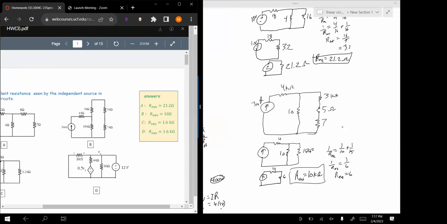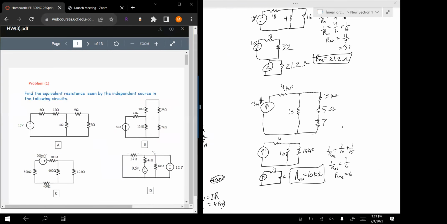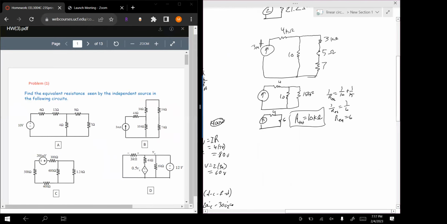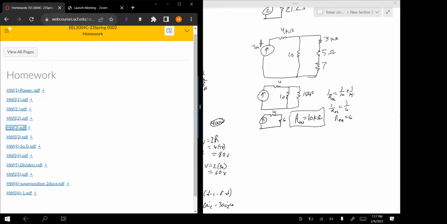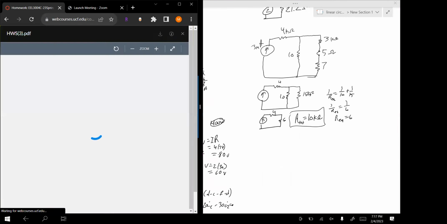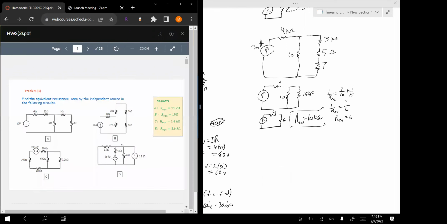Unless the 3 milliamps does play a role. It shouldn't though. Hold on. We have the answers here. Because it's just 3 milliamps.